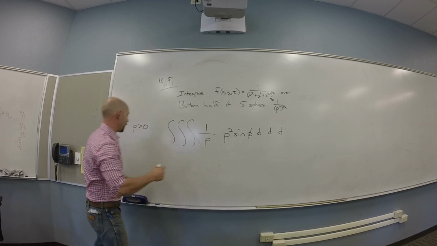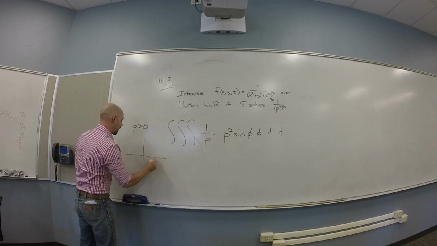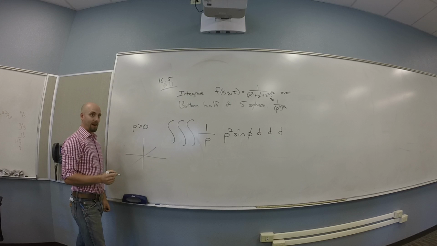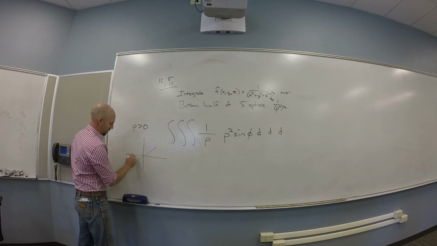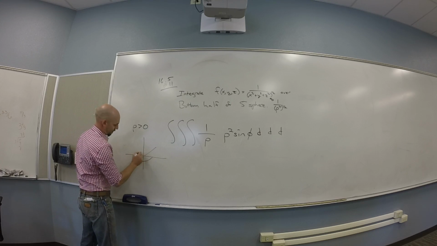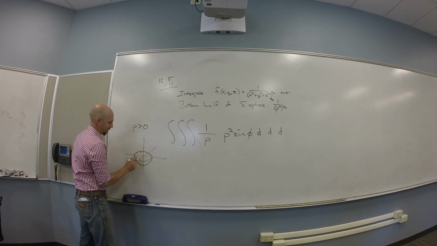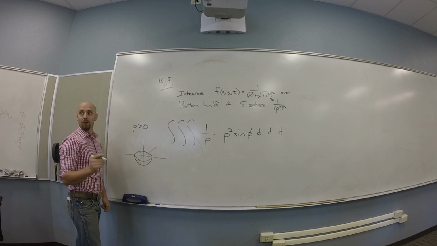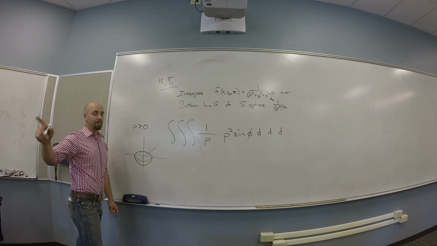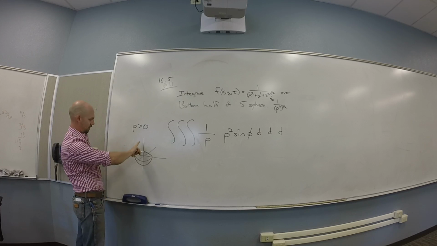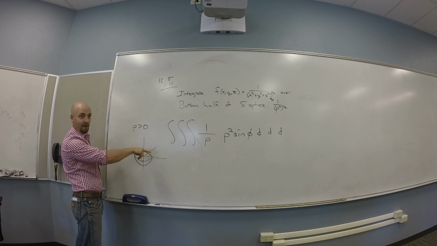Maybe let's think about our region first. So, bottom half sphere, right? Oh, so we need to make sure that our phi is from pi over 2 to pi. Okay, so it sounds like the phis need to go, let's see, we don't want the top half, right?